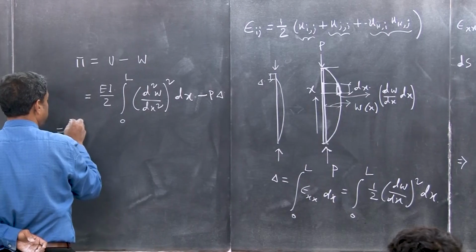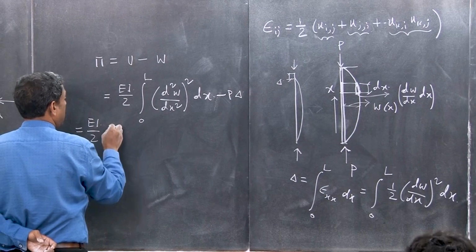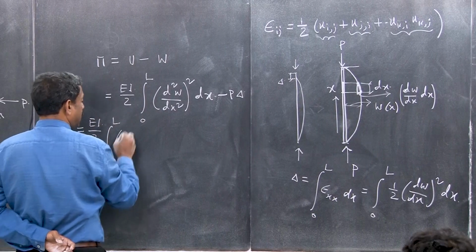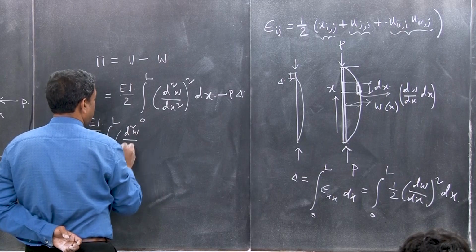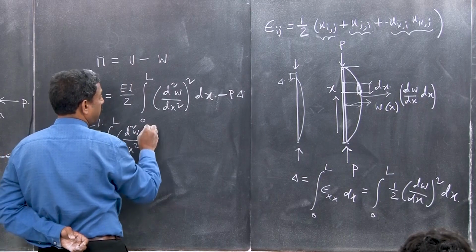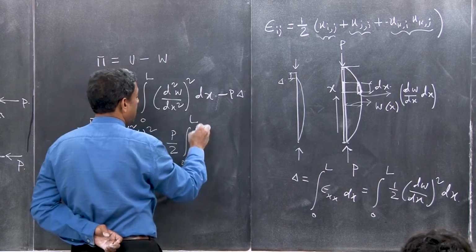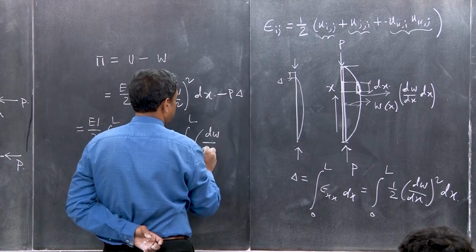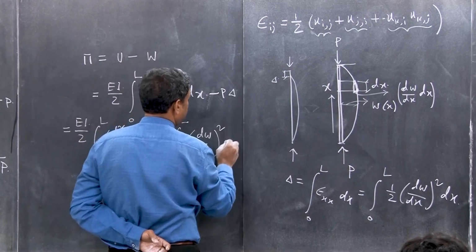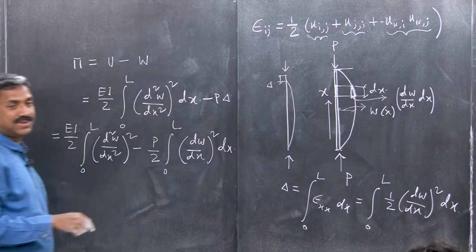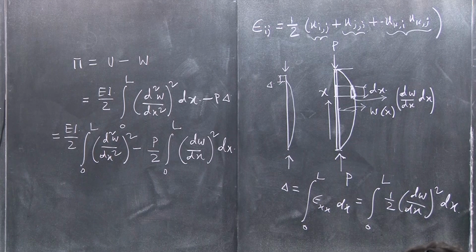That means the strain energy for the beam column is nothing but the integration of (d²w/dx²) squared minus P by 2 integration 0 to L (dw/dx) squared into dx. Do you see that? How is it coming, right?